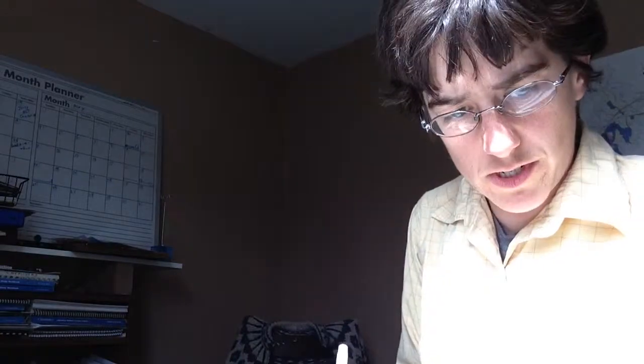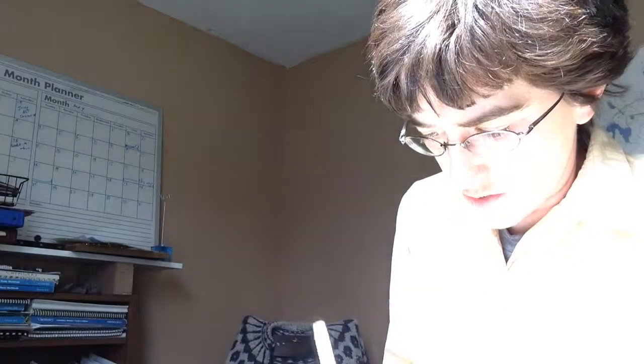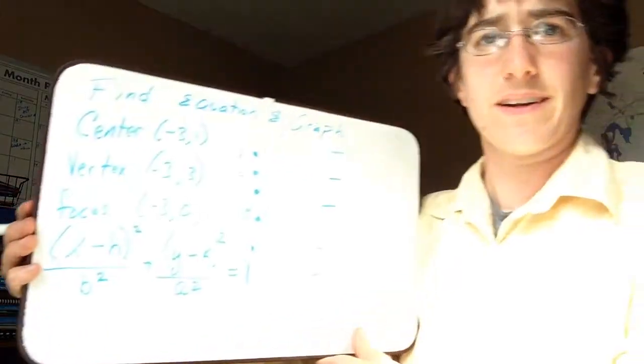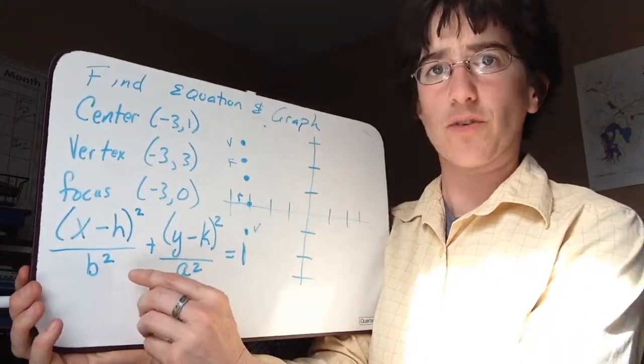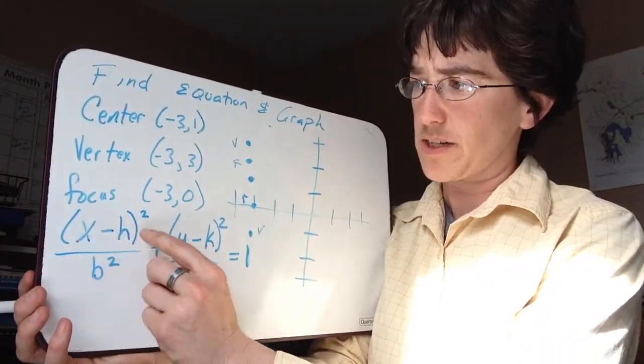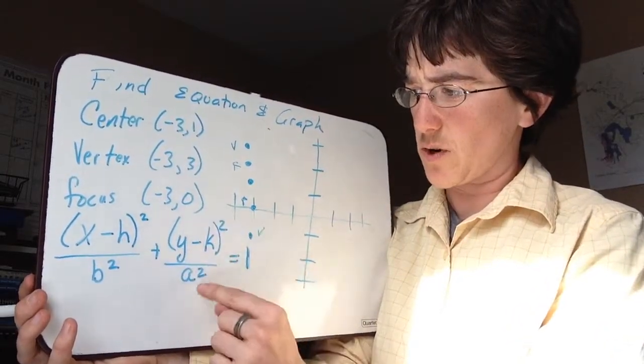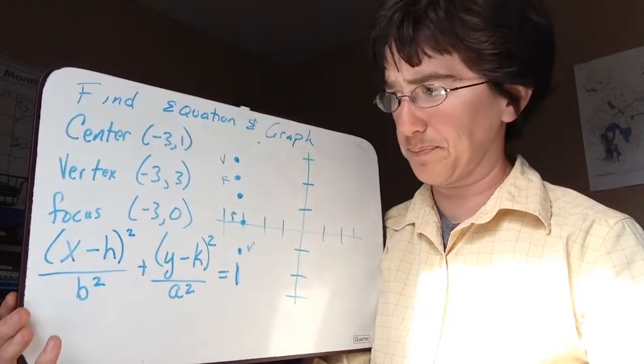So my base equation that I'm going to make use of is (x minus h) squared over b squared plus (y minus k) squared over a squared equals the number 1. If you're following along, hopefully you've written something along this line.